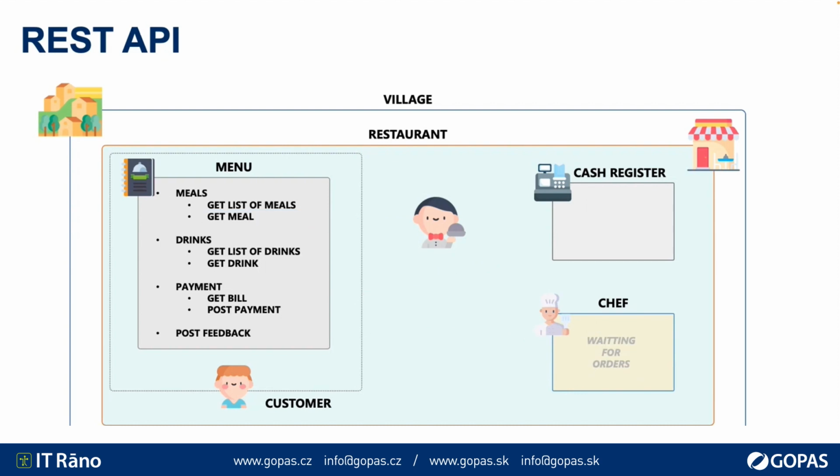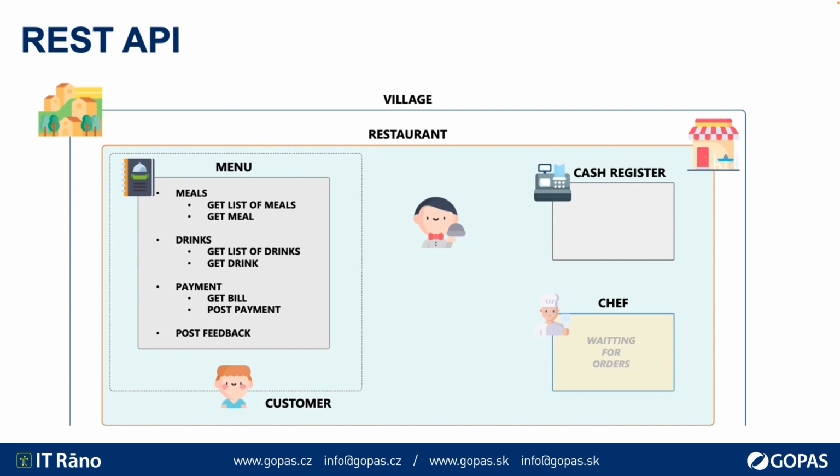And what if we would like to pay? If I go for payment, I can see 2 more options here: get a bill and post payment. If I knew how much that risotto cost, I could pay it directly, but I don't know.